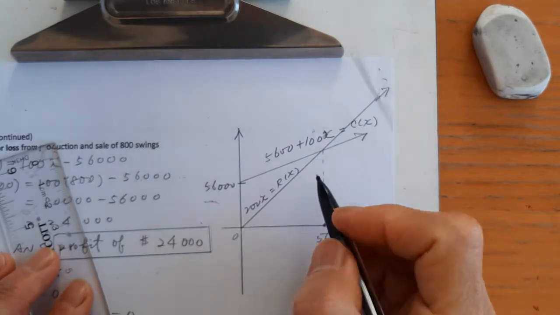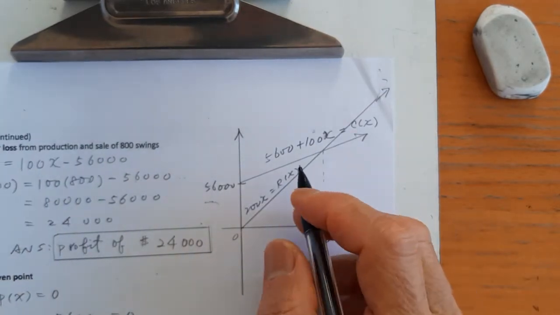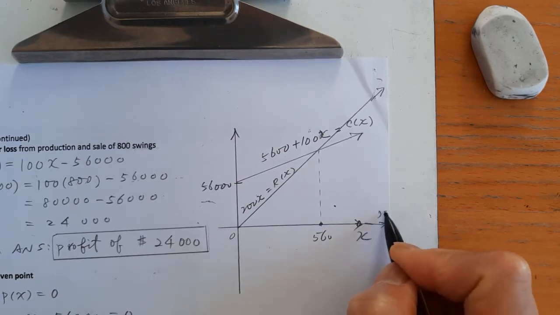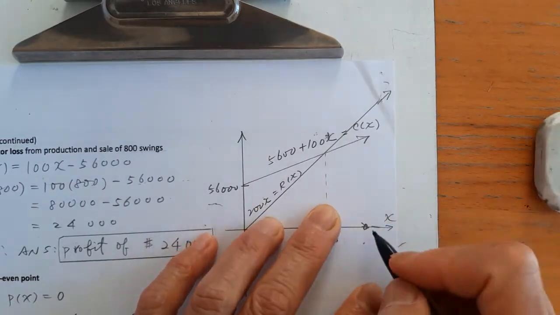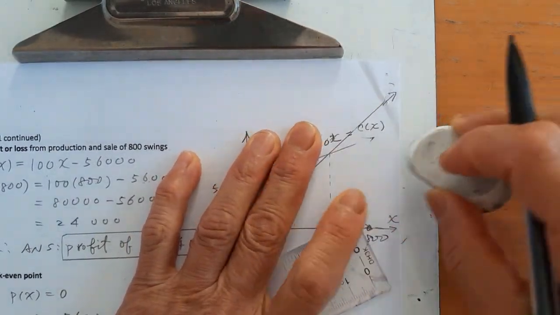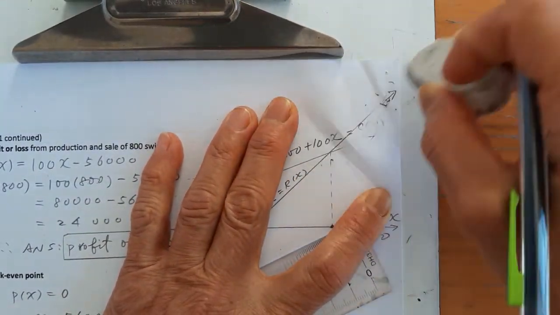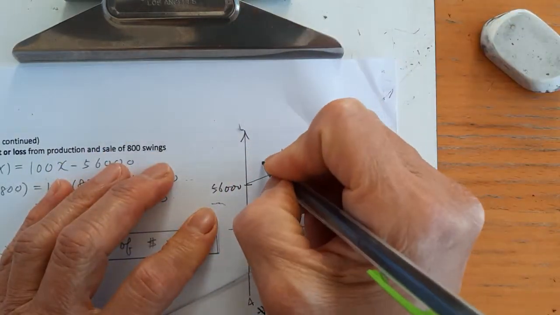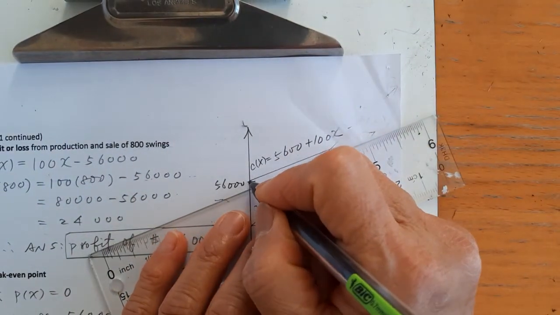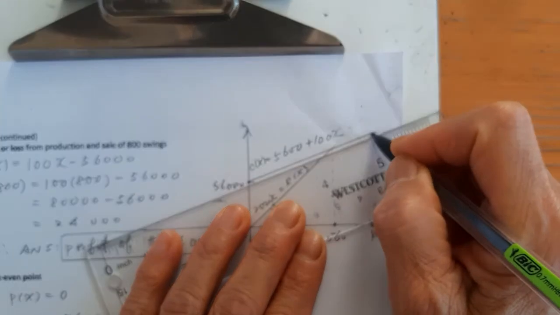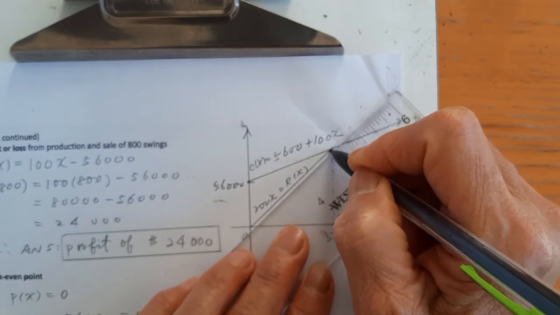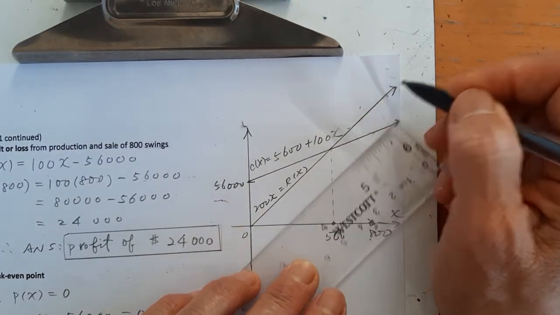And when x equals 800, your revenue is more than the cost. This is the cost function, C of x. The cost starts at $56,000, and each time it increases by $100 for each swing.